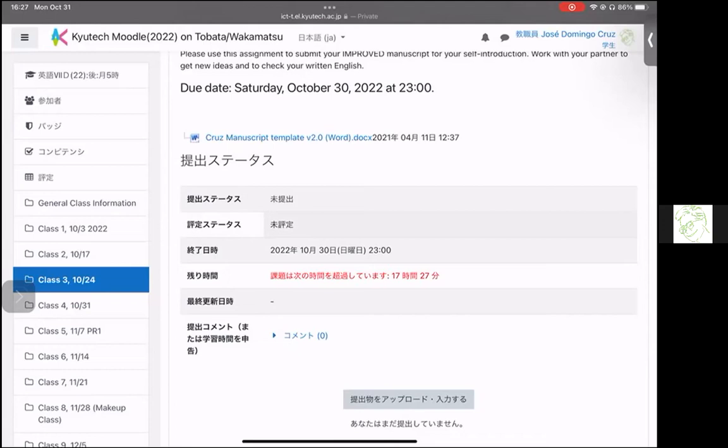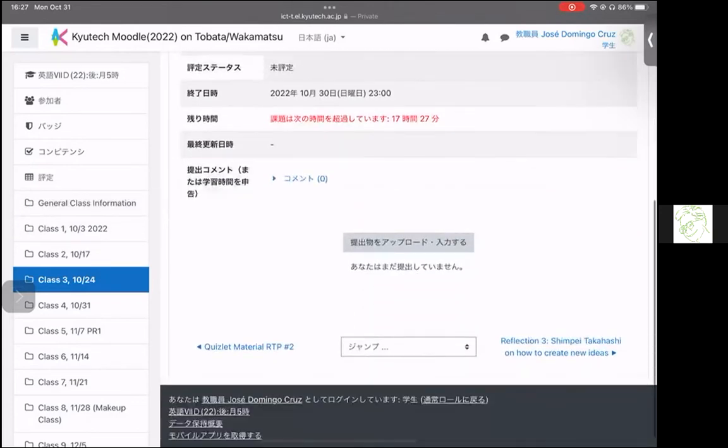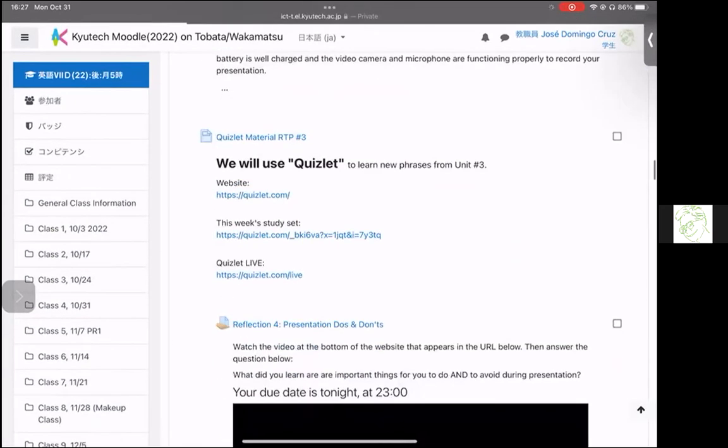This is the manuscript that we improved on last time, and I want you to use that during practice. So this is what we're going to be using today. I want you to get your improved manuscript for your self-introduction, and then we'll practice using that. Otherwise, the Quizlet is there for you to use, whether we use that or not. But first, I want you to get your manuscript.